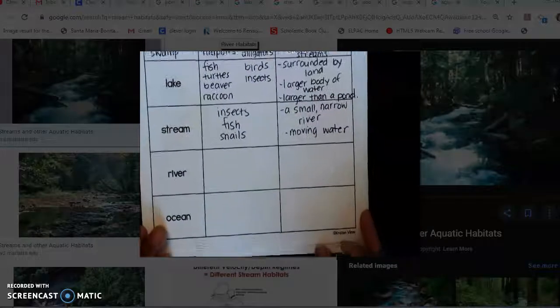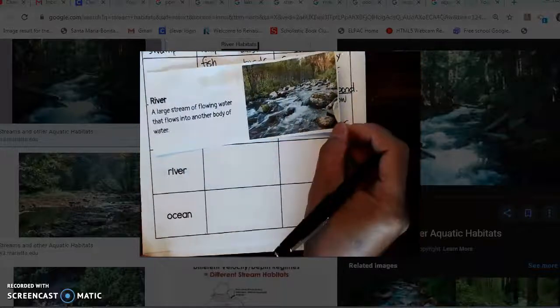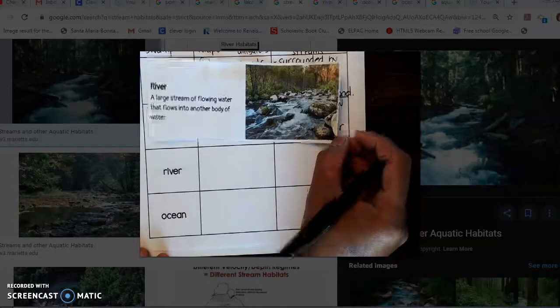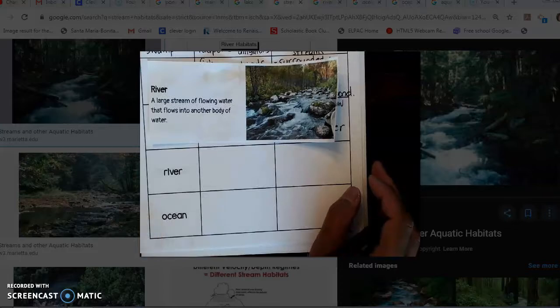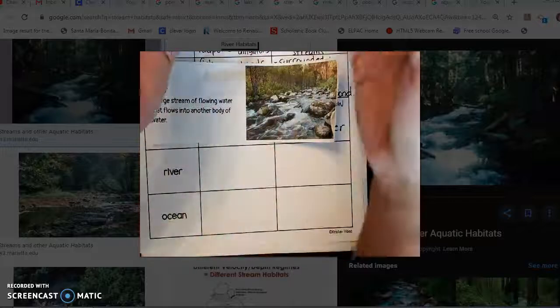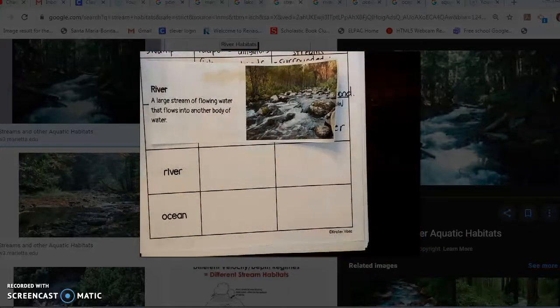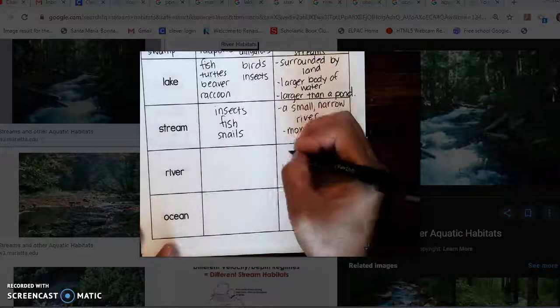Now the river, we know, is much larger than a stream, right? So if you've seen a river or have gone to a river, it's much, much bigger. It's a large stream of flowing water that flows into another body of water. So at the end of the river, it's going to flow into another bigger body of water. So sometimes the ocean, right? A very famous river in our country is the Mississippi River.